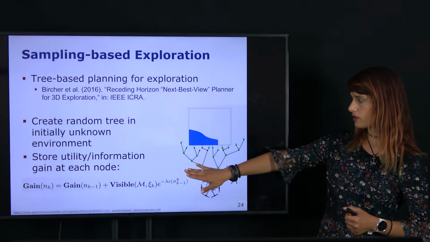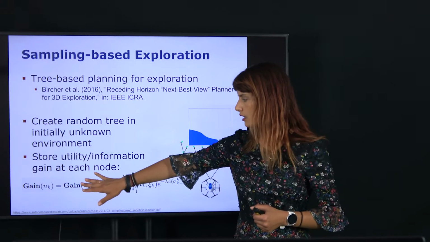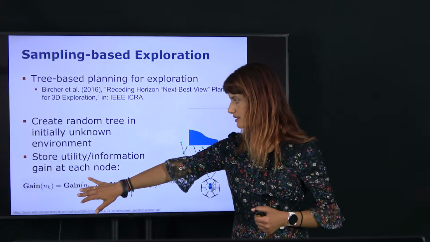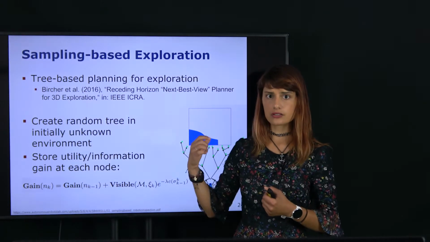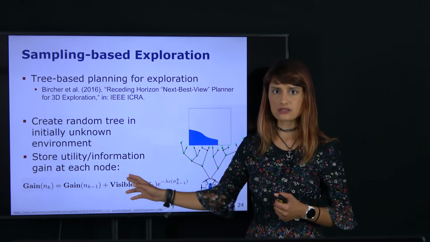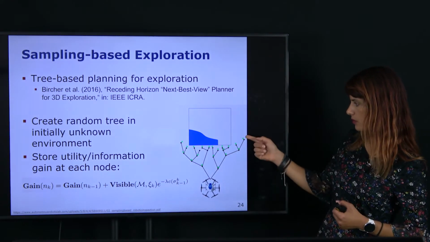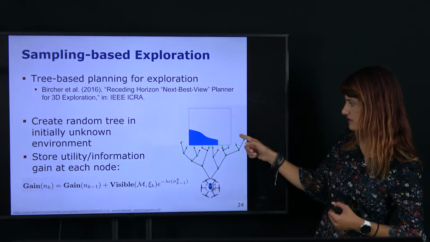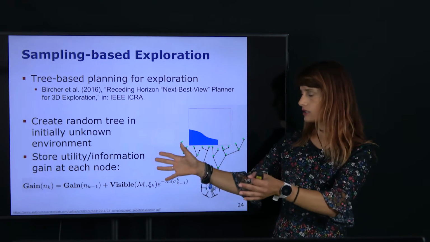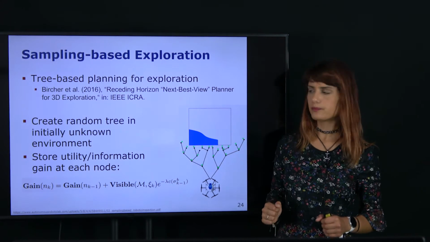So the way that we develop information gain is just like we saw on the previous slide. For the tree, we look at the gain of a particular node as the gain of the previous node, so the parent one, plus the new information that we gain using the sensor model and the current state of the map. So if the robot were to travel to this new sample location, we can project the field of view and see what are the visible voxels in the coverage case from that point.